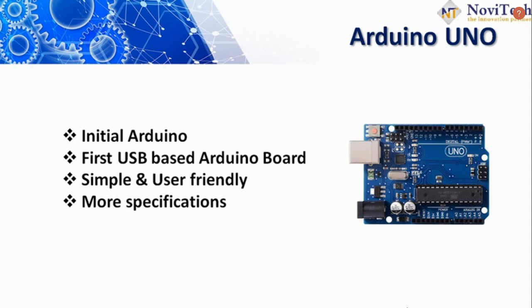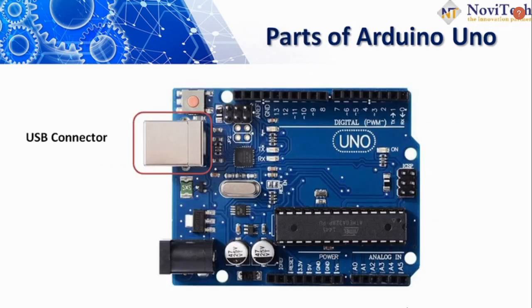It is the first USB based Arduino board which was introduced, and it is very simple and user friendly, like everyone can use it very easily, and there are more specifications in the Arduino Uno board compared to the other boards. Next, we are moving into the parts of Arduino, where the Arduino Uno board's parts are explained.